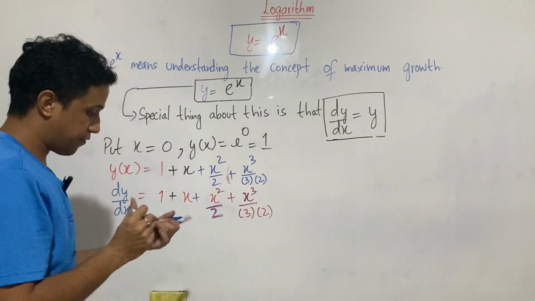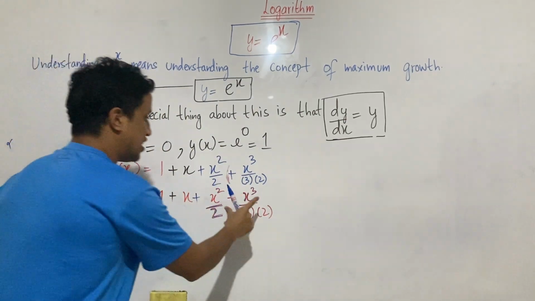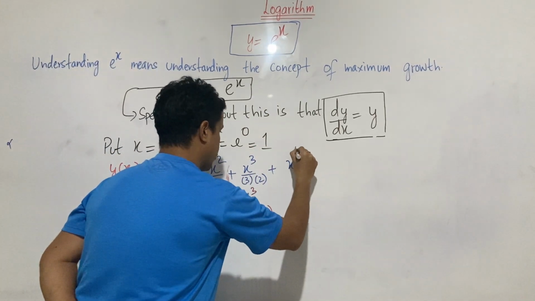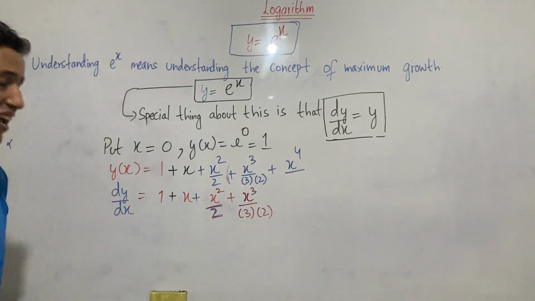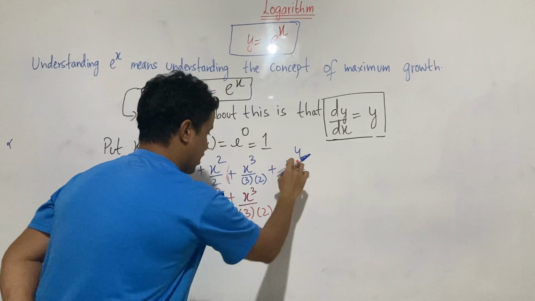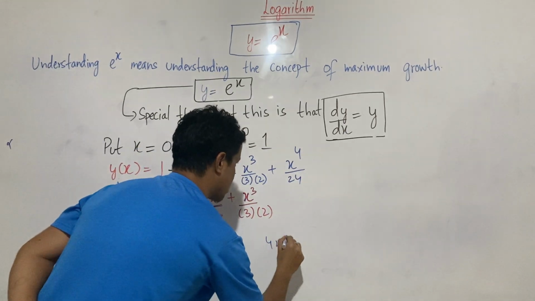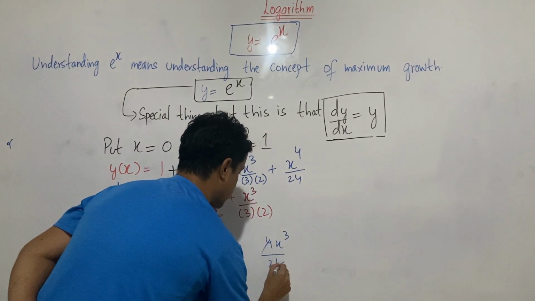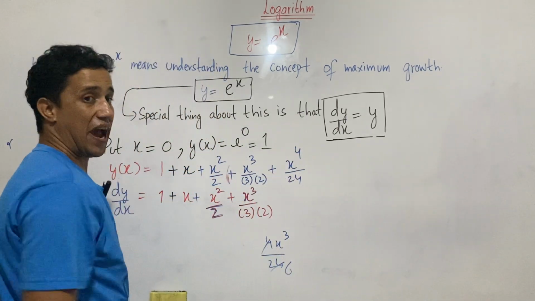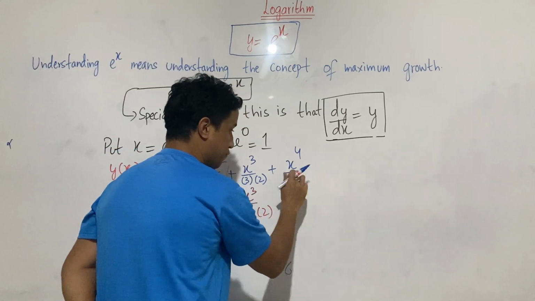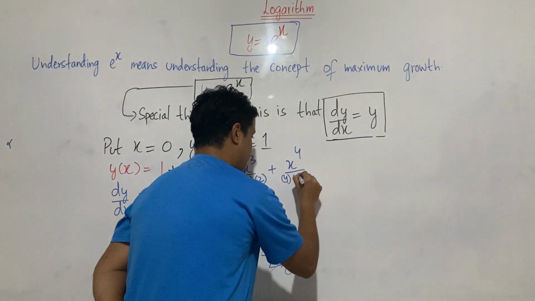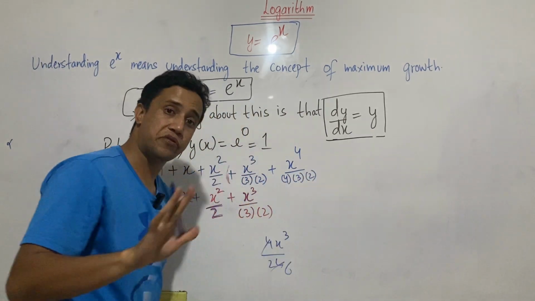So if this comes here, it means here it would be x^4 by 24. Why x^4 by 24? Because if you differentiate it, it's going to be 4x cubed by 24, meaning x cubed by 6. So here would be x^4 by 24, and this 24 can be written as 4 multiplied by 3 multiplied by 2. I hope you understand it.